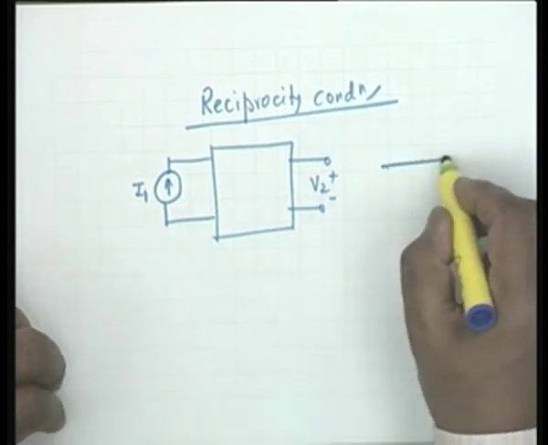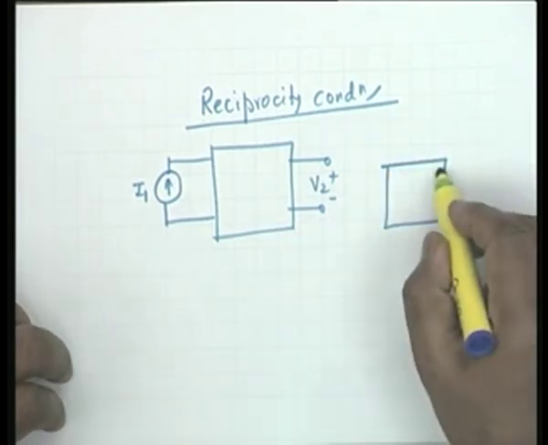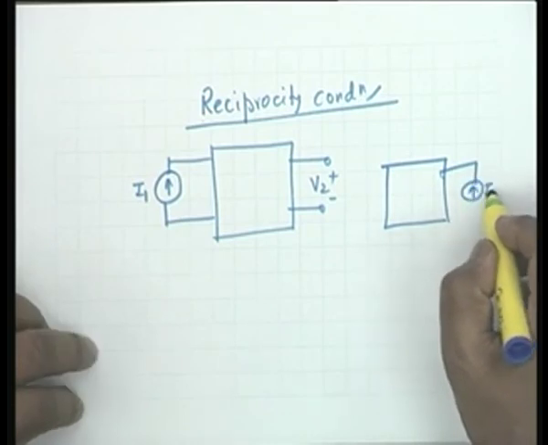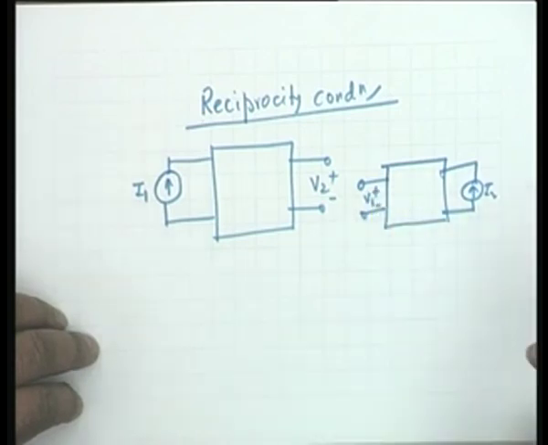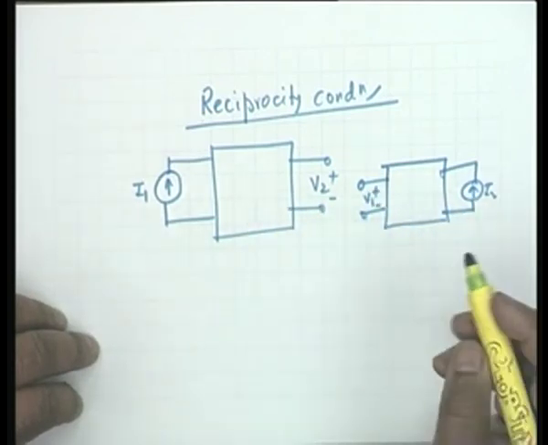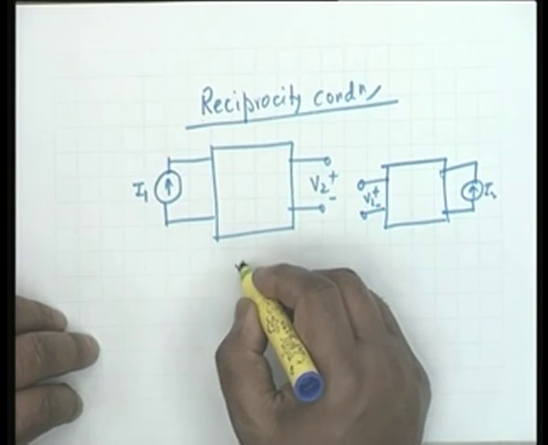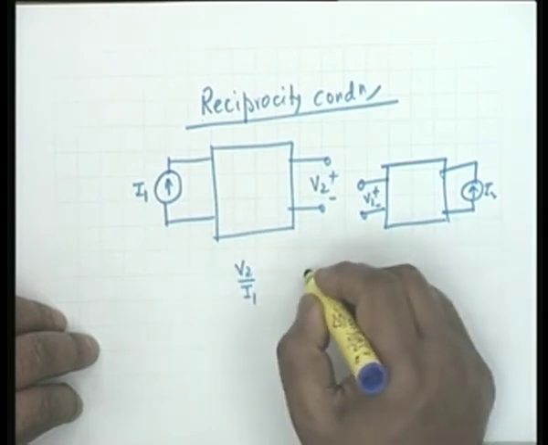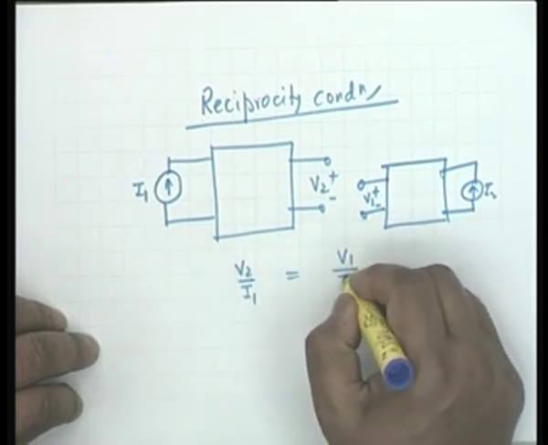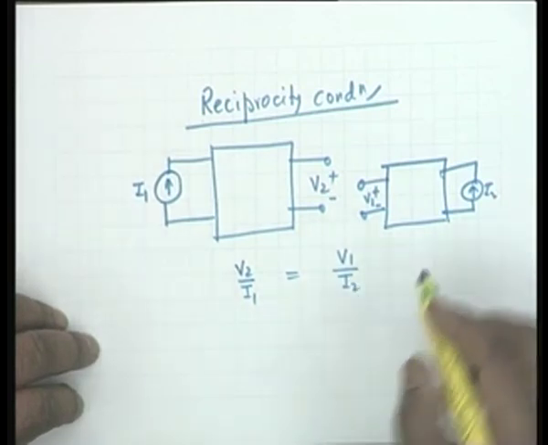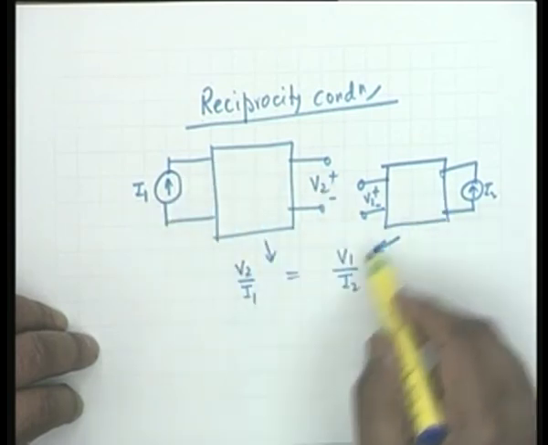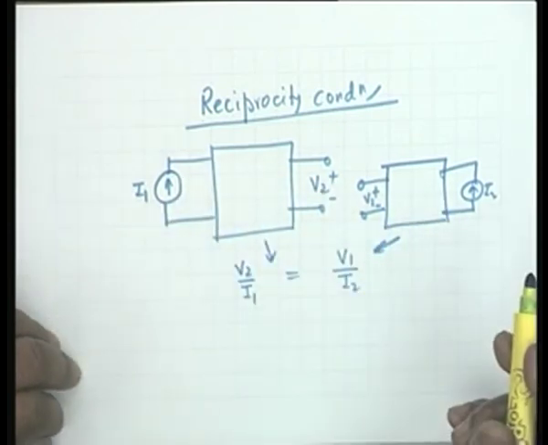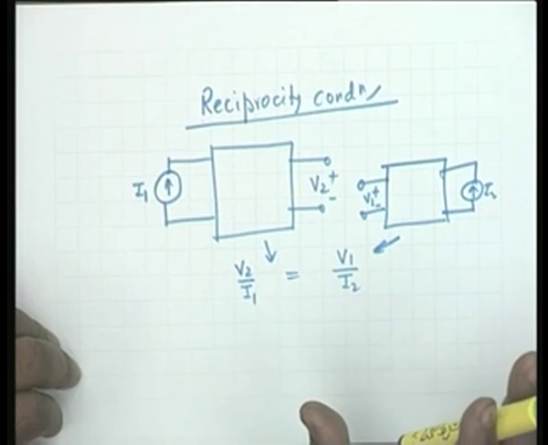In other words, if I change my excitation and response as I2 and V1, under these two conditions, the relation between V2 and I1 should be equal to V1 by I2. V2 by I1 is measured from here and V1 by I2 from here. This is the reciprocity condition, this is the reciprocity theorem.